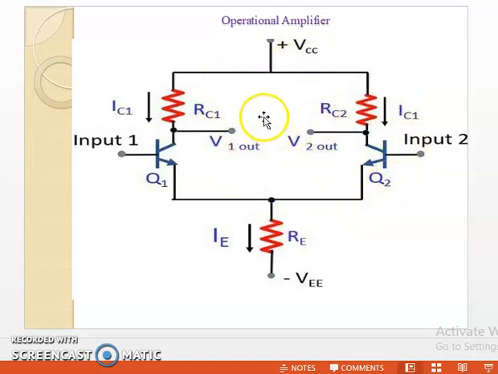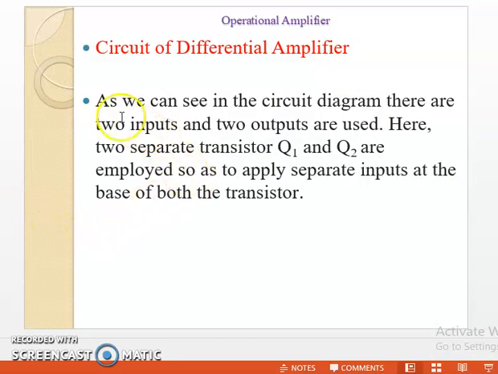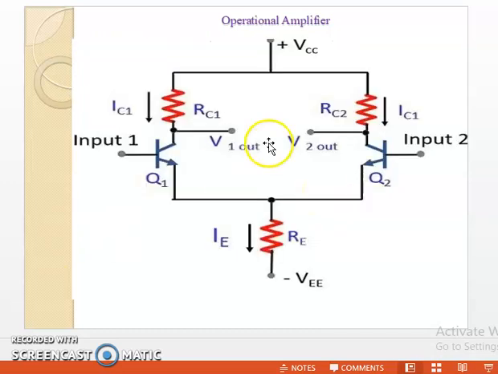In this way, this differential amplifier is utilized. Here it is given straightforwardly. There are two inputs, two outputs are used. Here two separate transistors Q1 and Q2 are employed so as to apply separate inputs at the base of both the transistors, as shown in the figure. Here transistor Q1, here another transistor Q2, input like this, input like this.